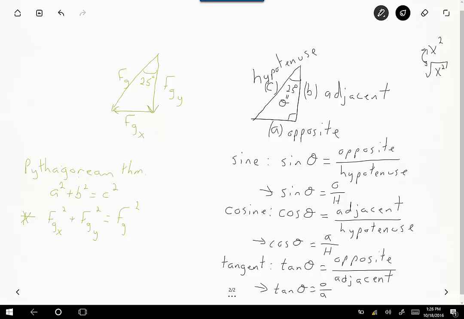These three trig functions are super important for figuring out what's going on with our squirrel: what's the normal force, how much is the weight going to contribute to it trying to slide down, how big is the friction compared to its weight, things like that. So let's take another look at this and put some numbers to what we know.